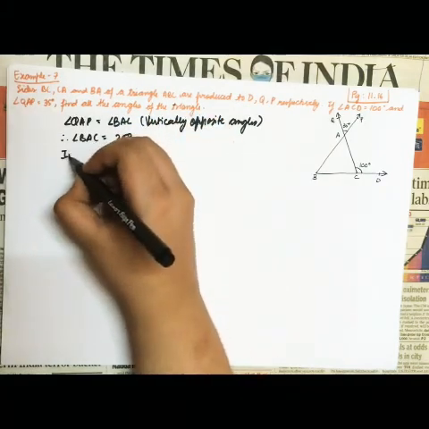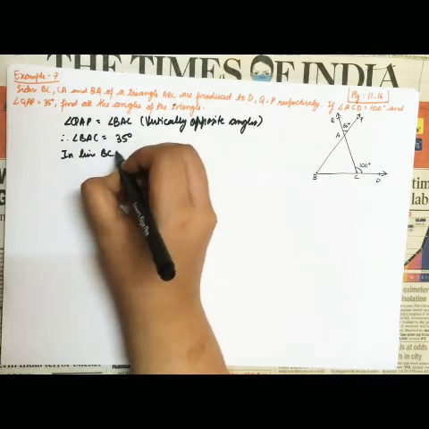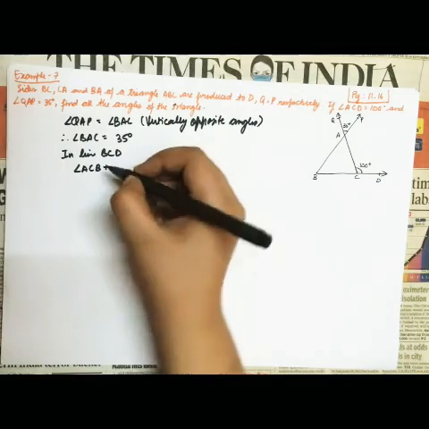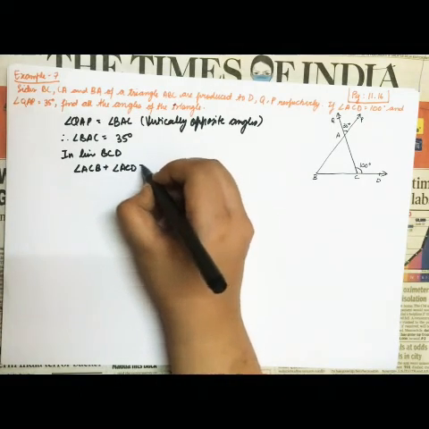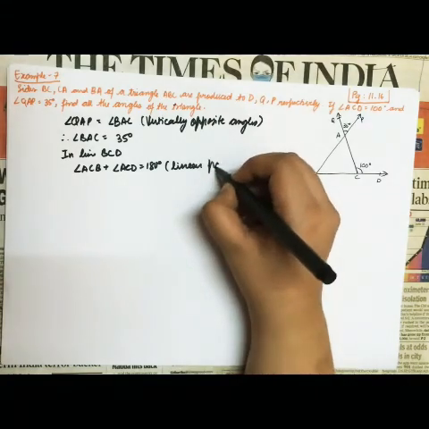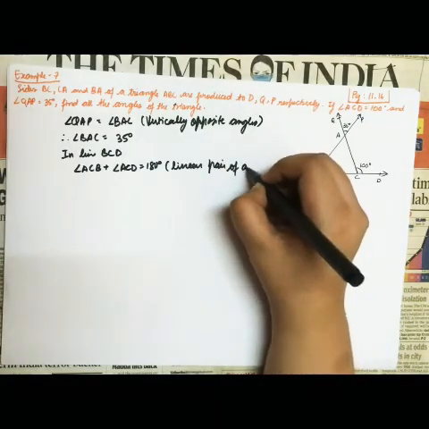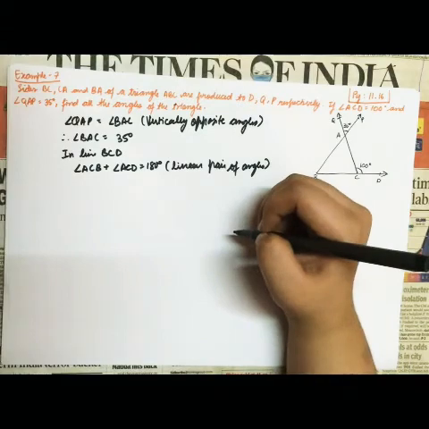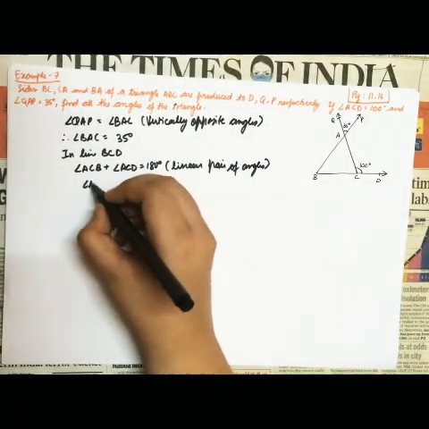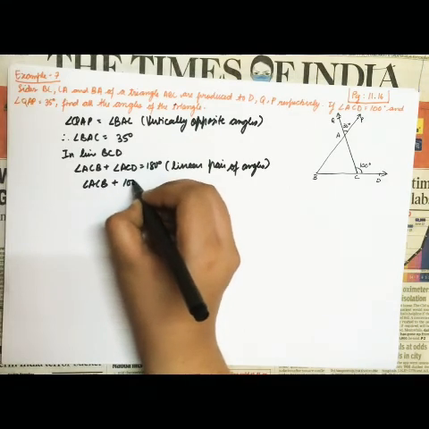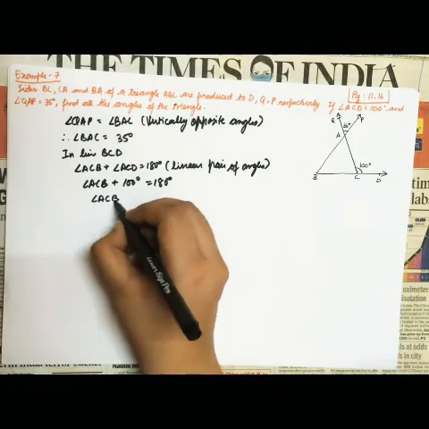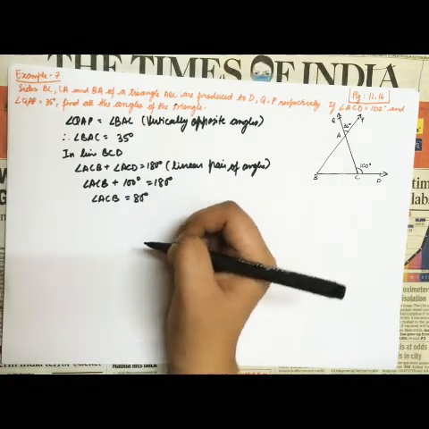Now in line BCD we can see that angle ACB plus angle ACD is equal to 180 degrees, as they form a linear pair of angles. Now angle ACB plus 100 degrees is equal to 180 degrees. Therefore angle ACB is equal to 80 degrees.